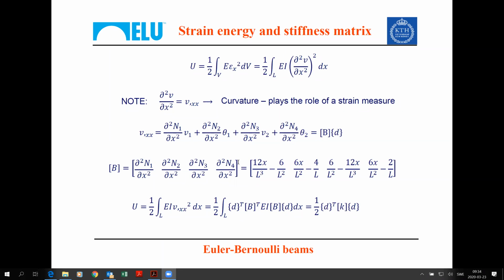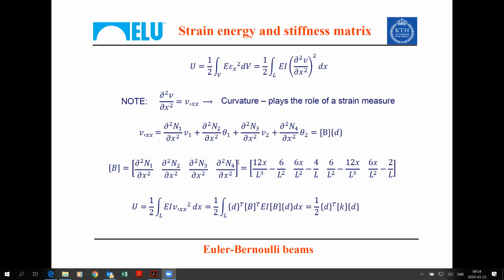Well, very simple, given the way in which we have interpolated v. So d2v dx2 or vxx is second derivative of N1 with respect to x times v1 plus second derivative of N2 with respect to x times theta 1, and so on for v2 and for theta 2.